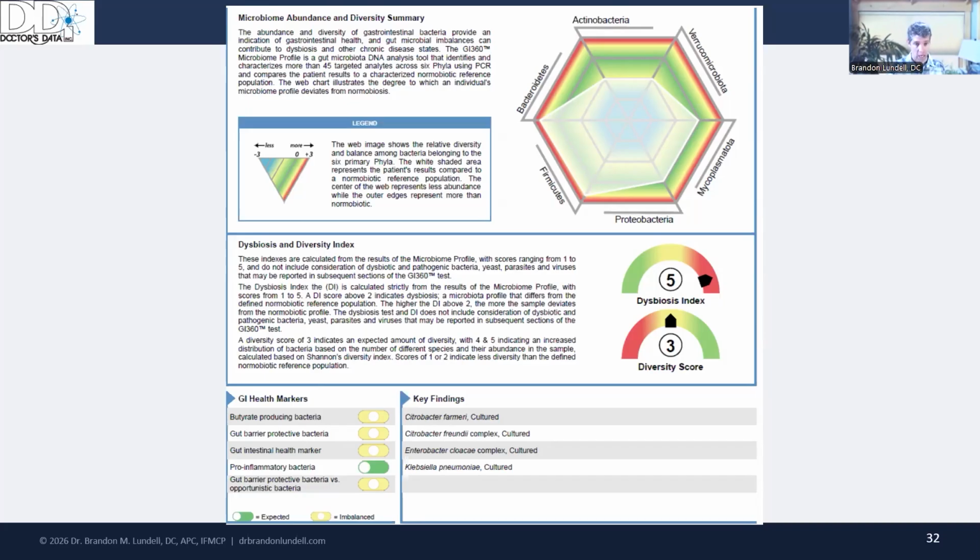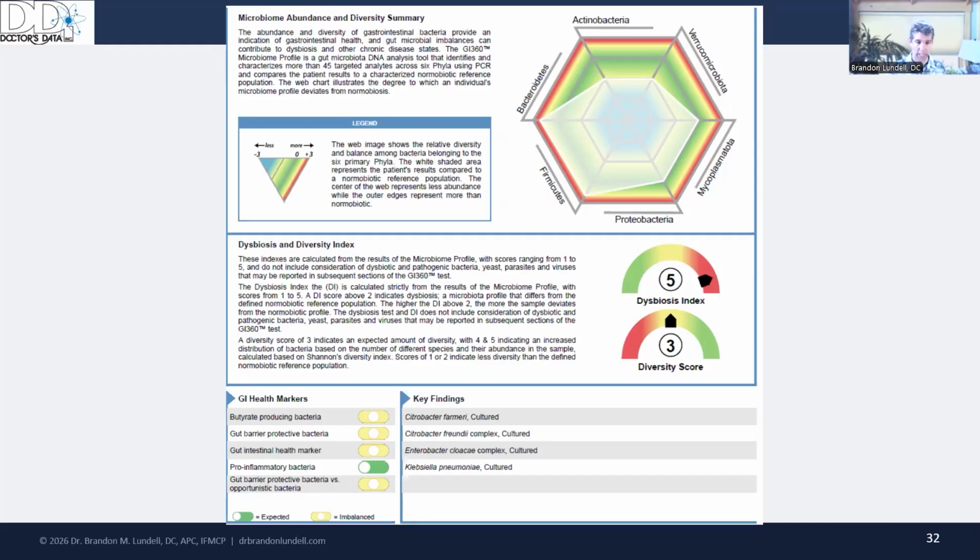Now, the next few pages of this report, which we'll get to, I'll show you what that looks like again. The next few pages are only looking at the commensal bacteria, which is important when choosing a probiotic, and it's important in choosing some dysbiotic agents if you're going to treat dysbiosis with antimicrobials, natural antimicrobials.